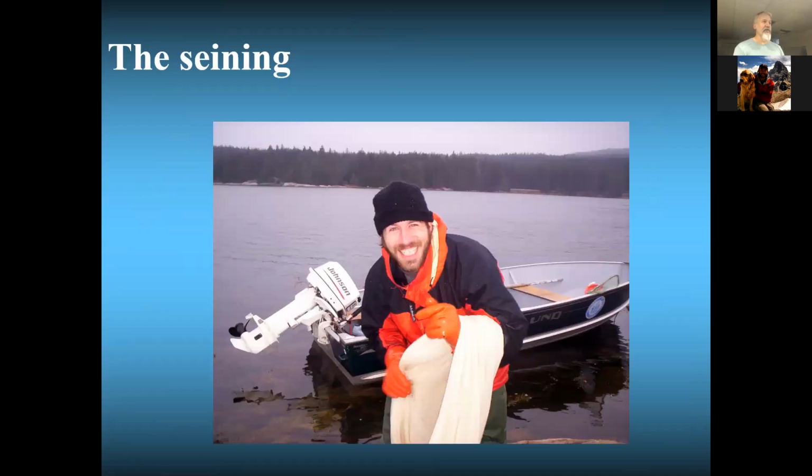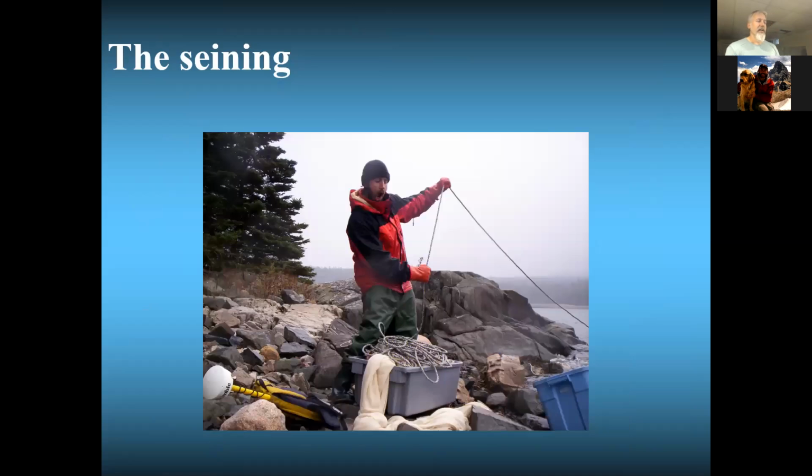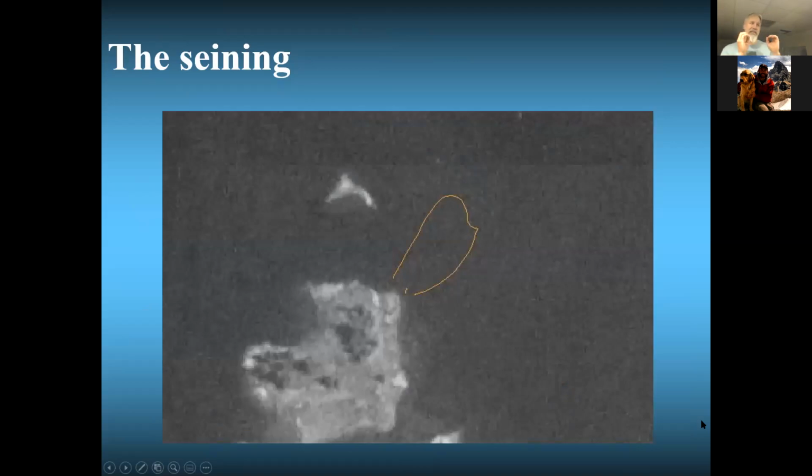Now I'm in a happy mood, apparently, showing off really nice GPS gear that allowed me to show the exact track of me laying down a beach seine. In this case, here's that line going out. This is the same one that I showed you with Doug and Matt way earlier in the class.